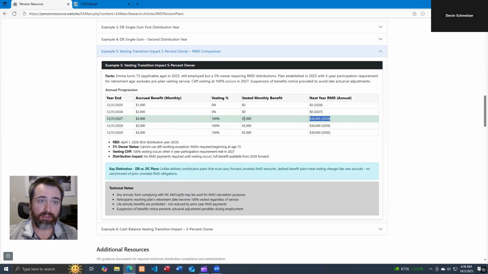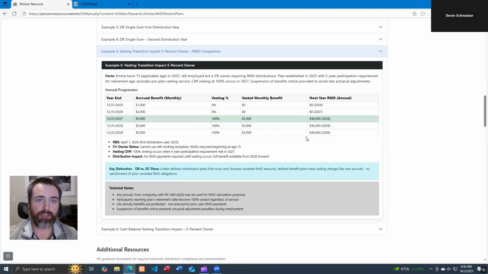And assuming this person doesn't accrue any additional benefits, 2029 and 2030 will all have the same required annuity payments out of the plan because this is a life annuity. Generally, not increasing, decreasing unless you have a COLA input.